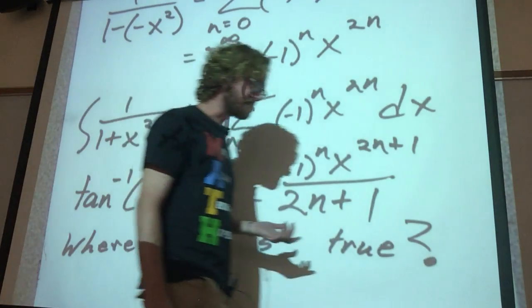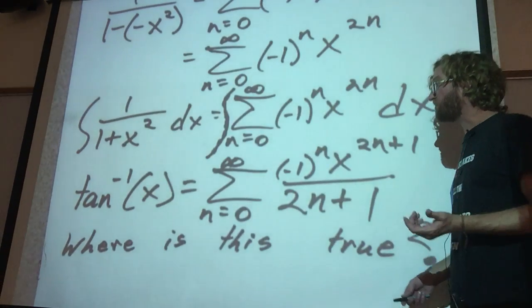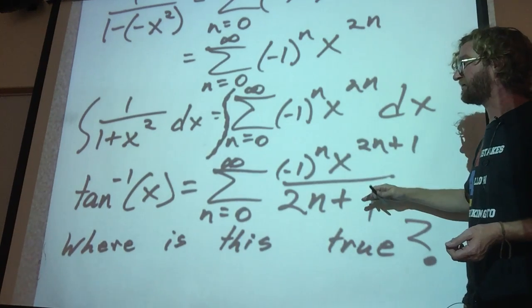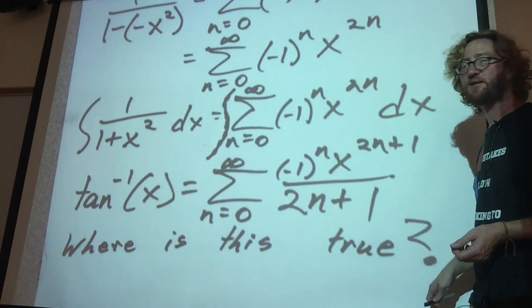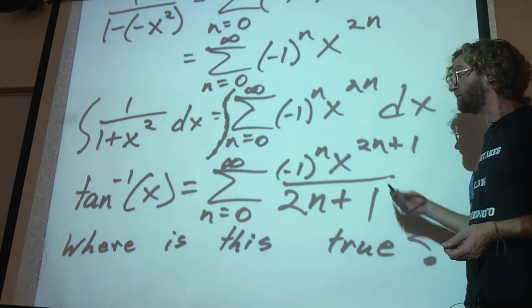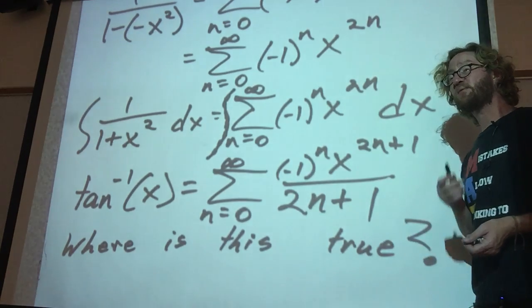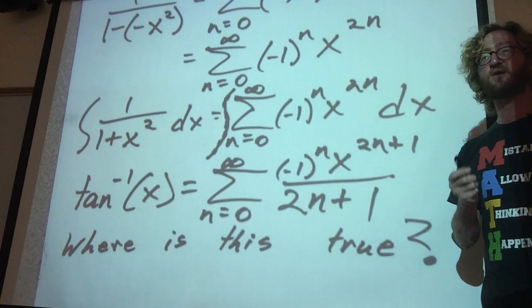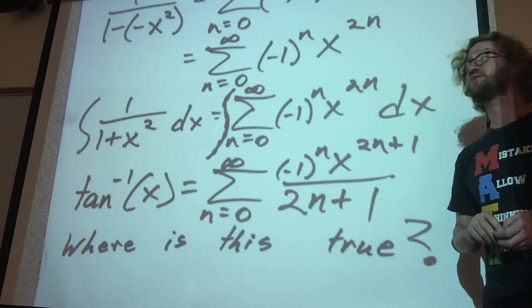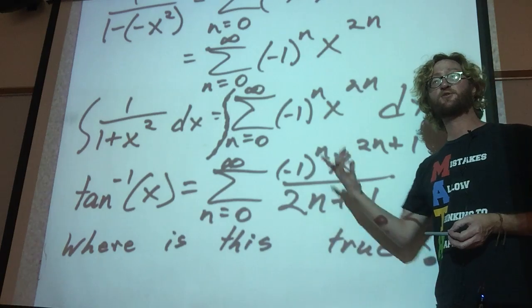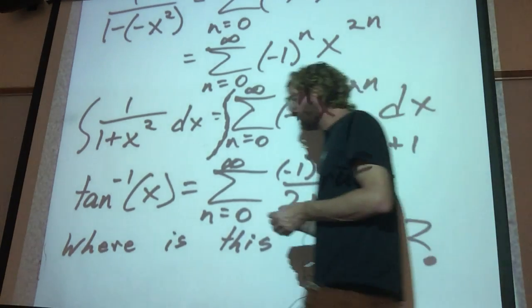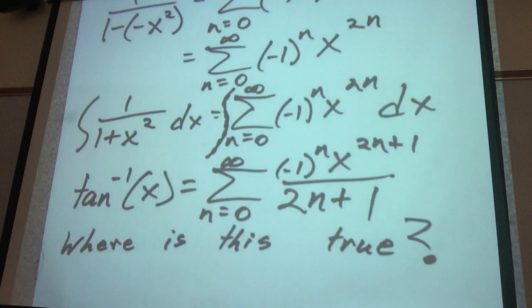And so I integrated both sides of the problem, and when you integrate all of these polynomial parts, it's just going to go up by 1 and divide by that number. And so now we have the tangent inverse of x is equal to this infinite series, but we still have to ask ourselves the question of, where is this true? What is the interval of convergence that this infinite series actually converges to tangent inverse of x?